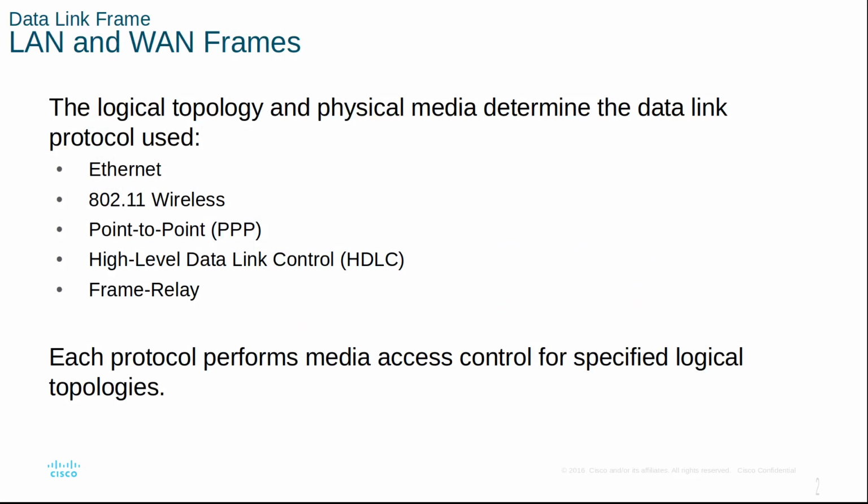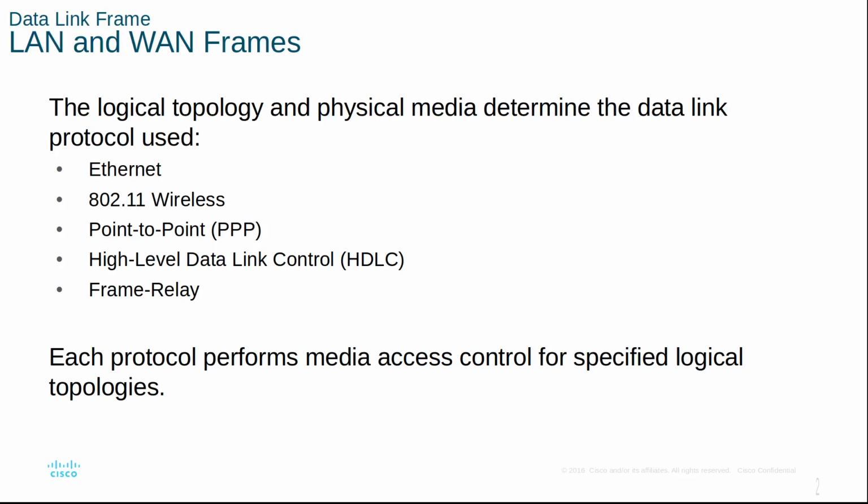So, in conclusion, we talked about logical topologies and physical topologies, right? And a variety of different data link protocols. So the physical media will determine what protocol you're using. If it's Ethernet, it's going to be Ethernet. If it's 802.11, it's wireless.